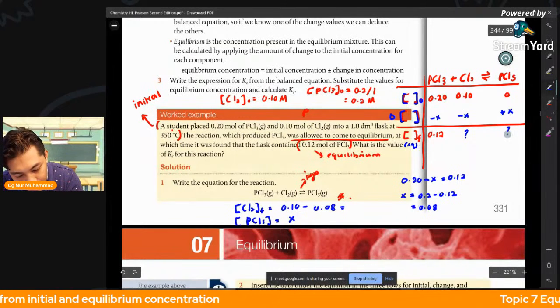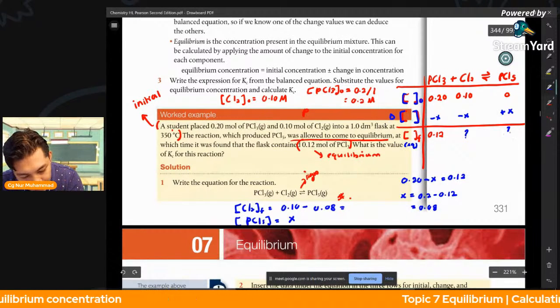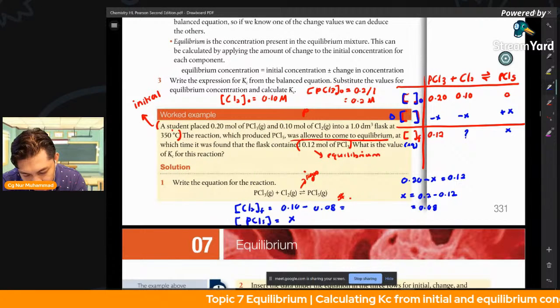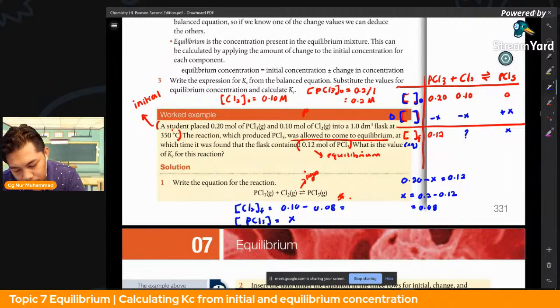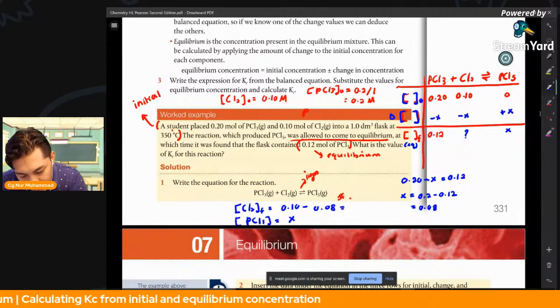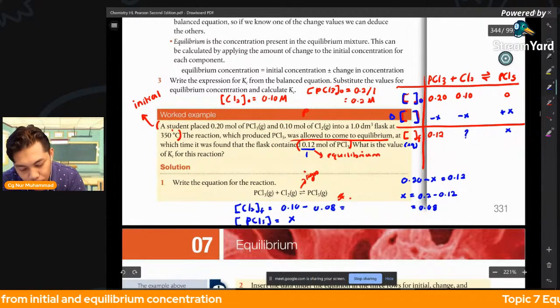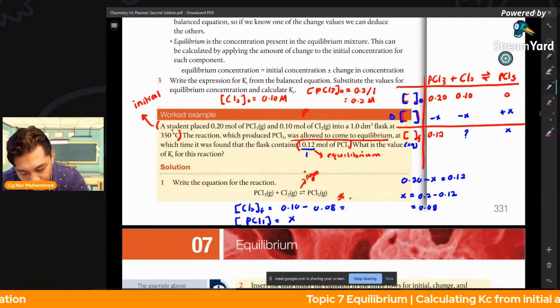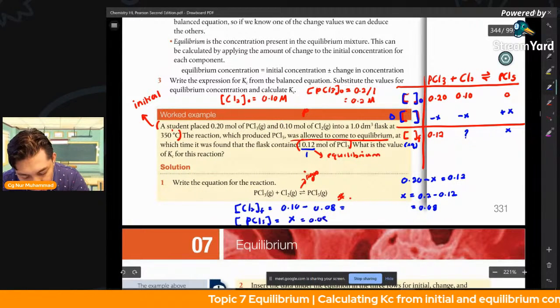Kan 0 tambah X kan? Boleh jadi concentration, divide by ni lah. Saya dah bagi dah, bagi dengan 1 decimeter cube. Okay, so X sama dengan 0.08.